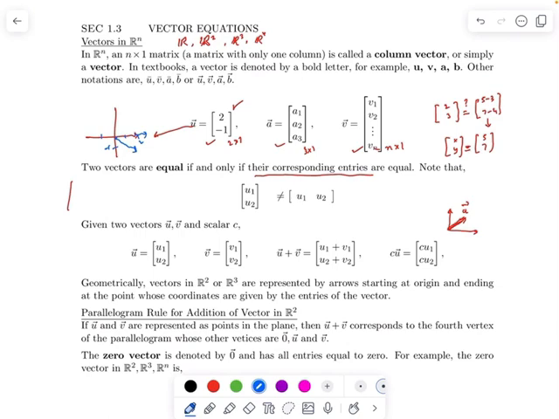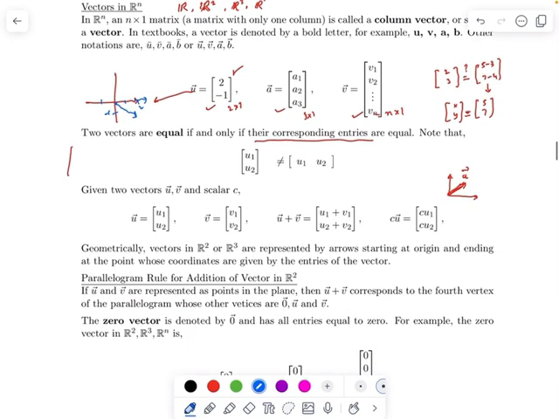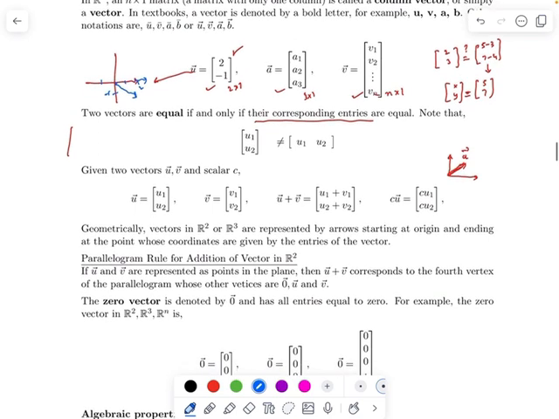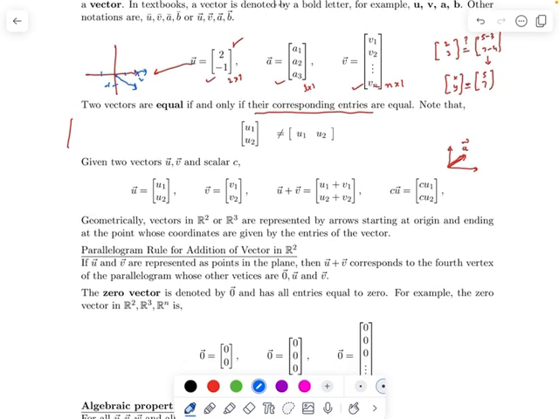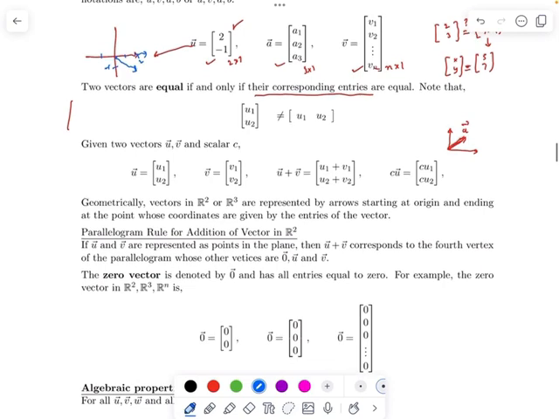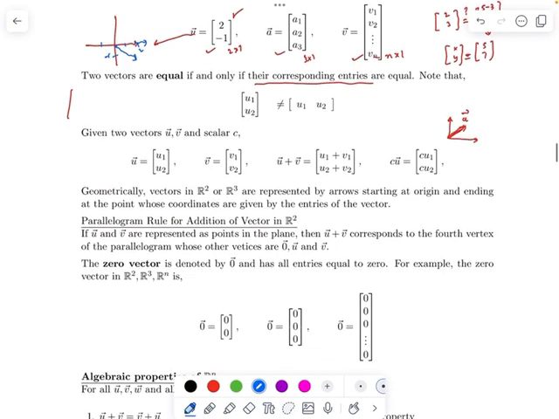Now in space also we can imagine, it's hard to draw them on paper, but that is how it works. So the parallelogram rule for addition of vectors in R2: if u and v are represented as points in the plane, then u plus v corresponds to the fourth vertex of the parallelogram whose vertices are 0, u and v.